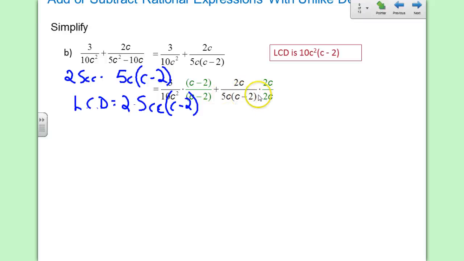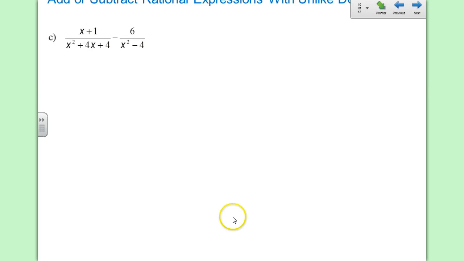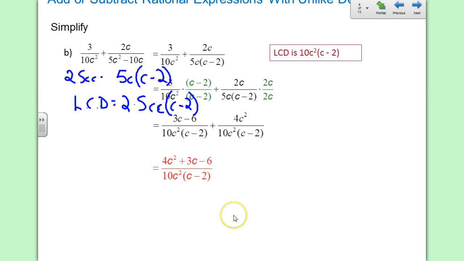Now you've created a common denominator, and therefore you can add them up. They're both denominators of 10c squared times c minus 2. I add those two together, and I end up with 4c squared plus 3c minus 6. Right? And we forgot that the non-permissible values are c cannot be equal to 0, and c cannot be equal to 2. Okay? Adding those two fractions up.